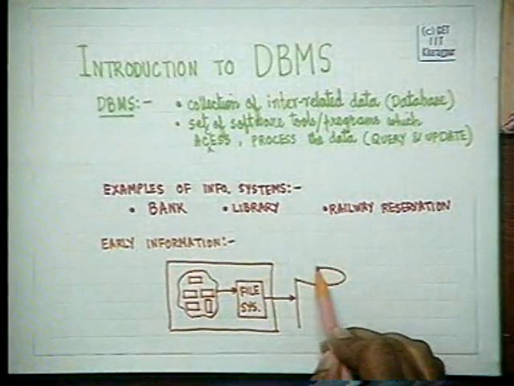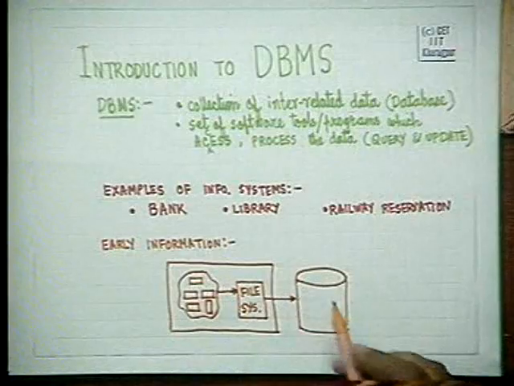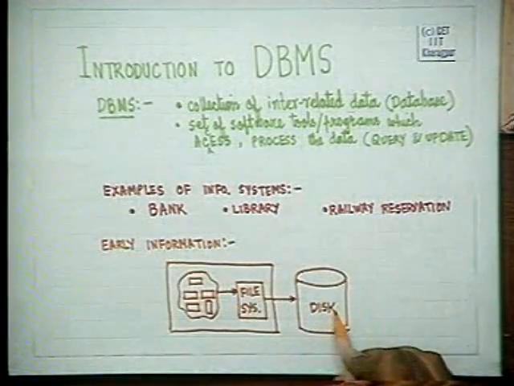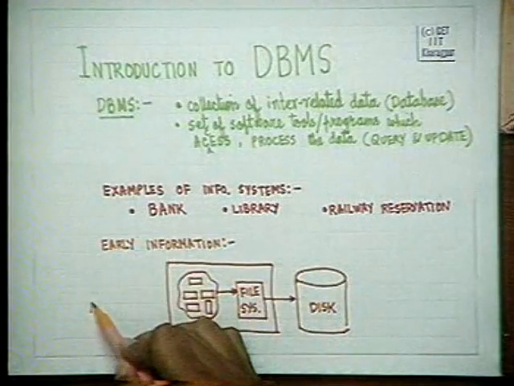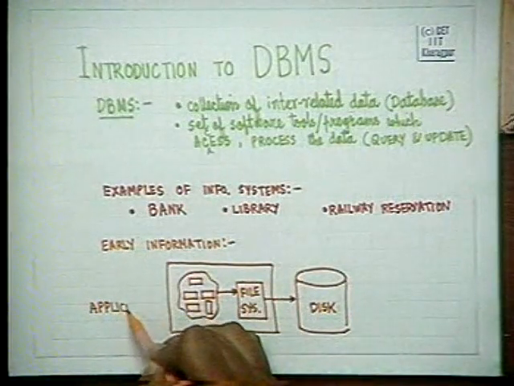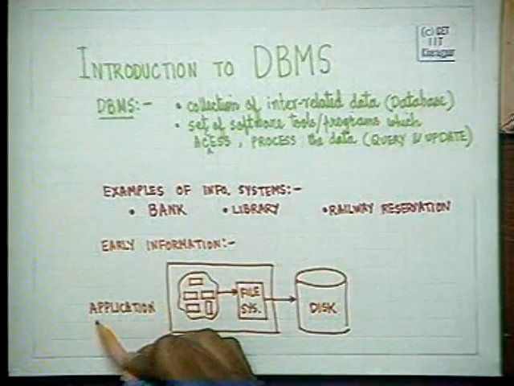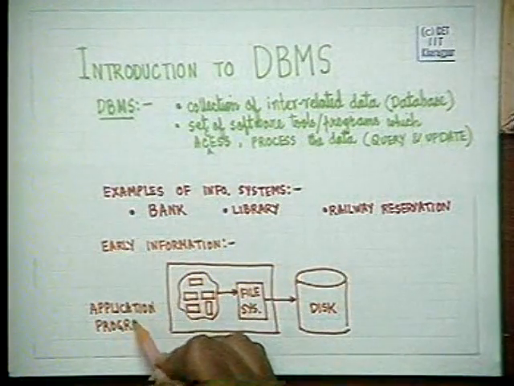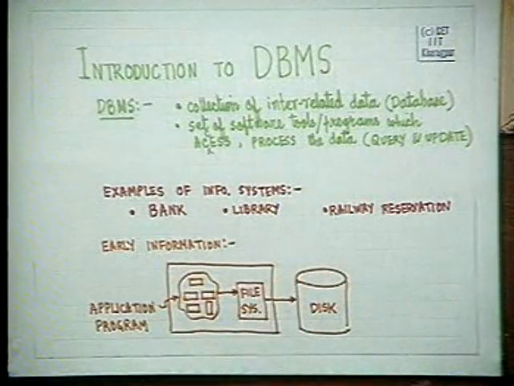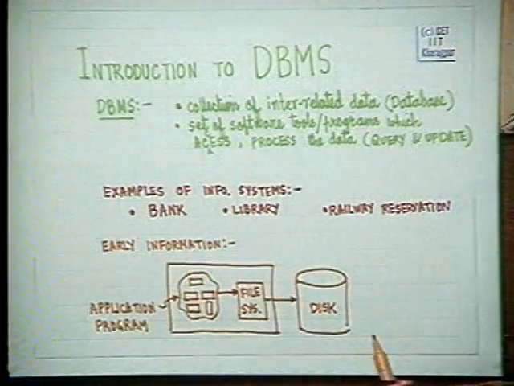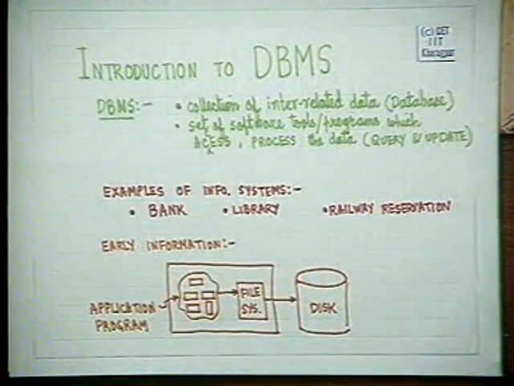So you had this disk, and you had a large number of application programs, and these application programs were written to directly access the file system over a period of time. And a lot of problems cropped up with such early information systems. And we will see what these problems are, and we will try to see how database management systems are trying to resolve these problems.